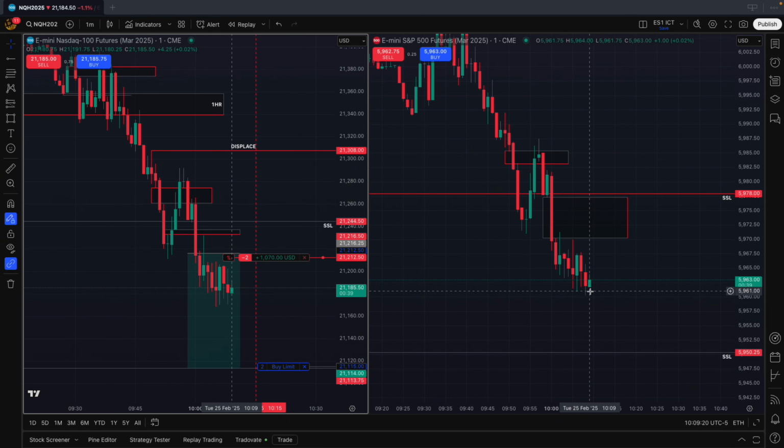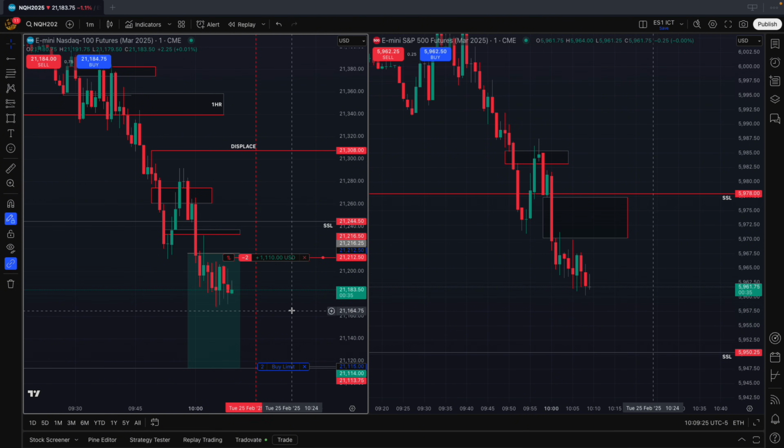So obviously ES took the short-term low, but it didn't get taken on NQ. So it's a bullish SMT for NQ.